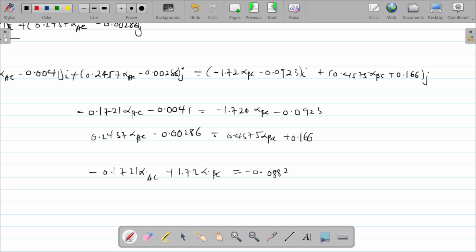and then this one we can have 0.2457 alpha AC, why do I keep saying alpha AC?